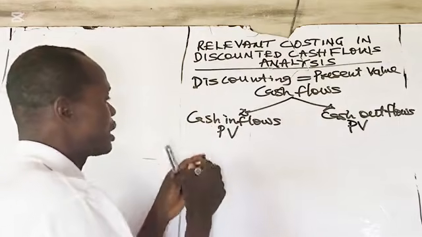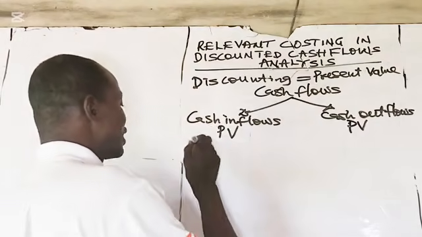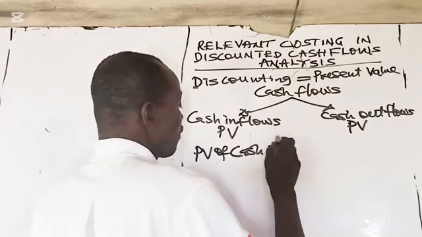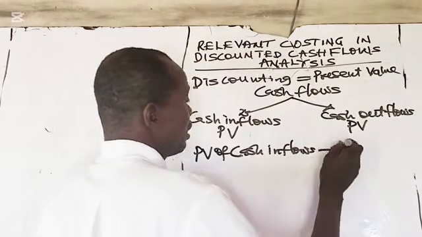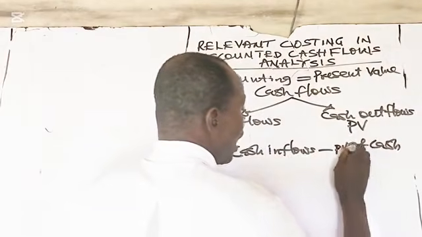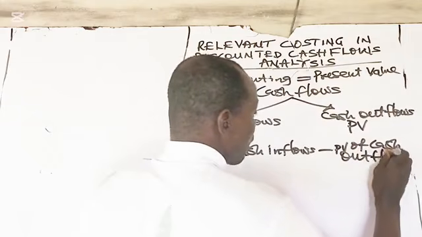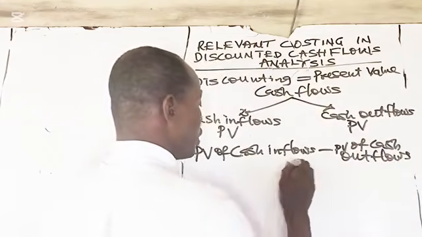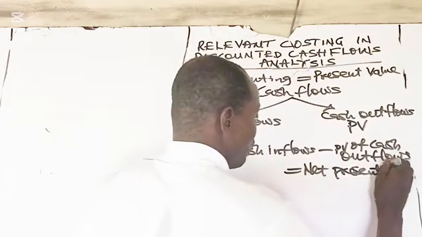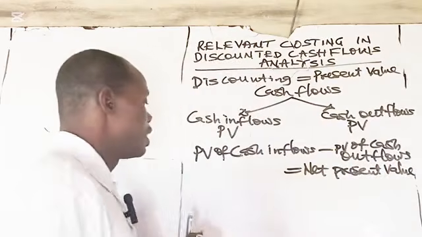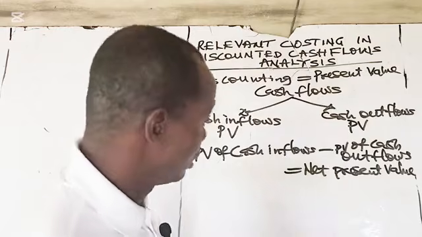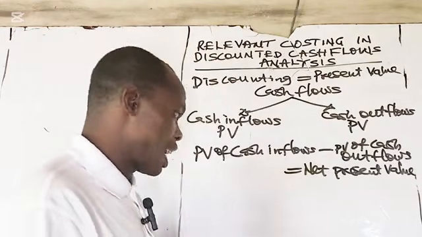So if you now subtract the present value of cash outflows from the present value of cash inflows, the result obtained is called net present value. Net present value is the difference between the present value of the cash inflows and the present value of the cash outflows.